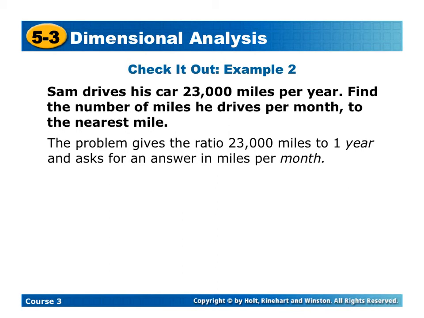So here, Sam drives his car 23,000 miles per year. We want to change that into per month. So we have 1 year, once again, is equal to 12 months.